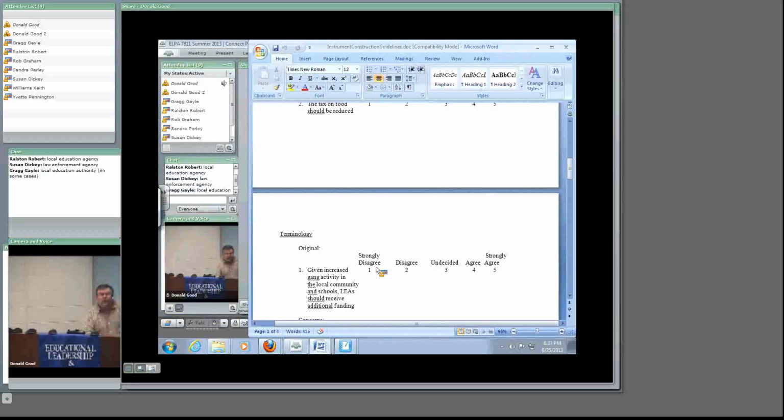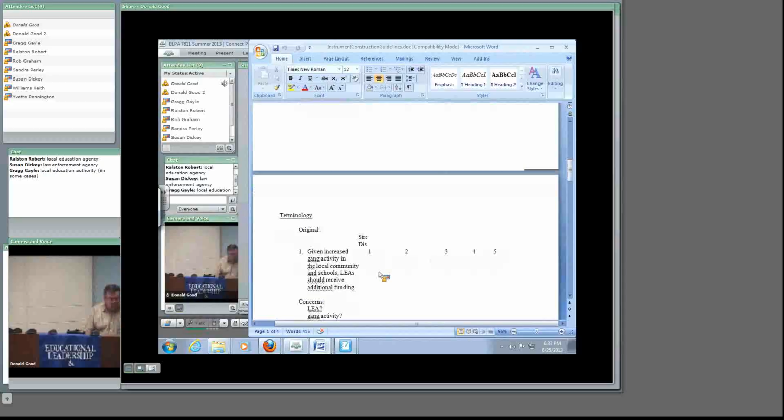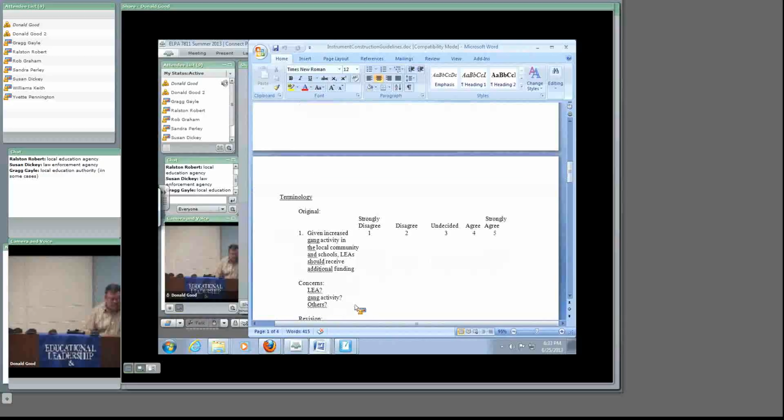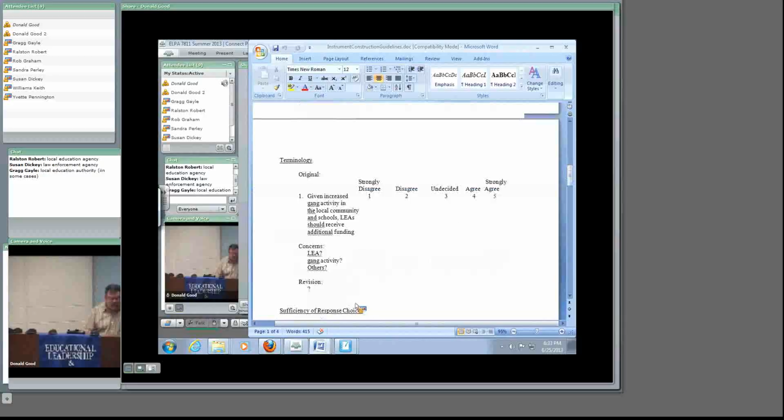So I don't know. Make sure your terms are defined. I don't know what LEA means. I'm not sure I know what gang activity means. There may be some others that I don't know. So I would revise that to say, if LEA is the questionable term, just say what LEA means. Say it means a local education agency, if that's what it means.